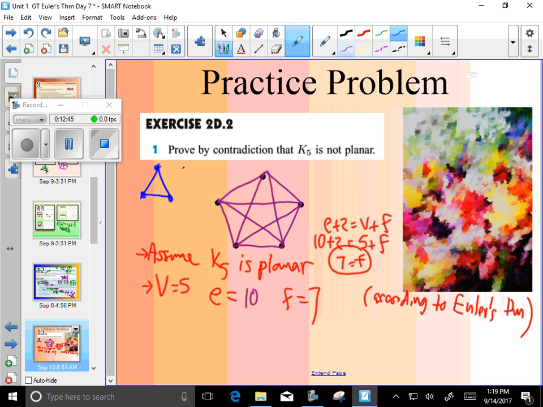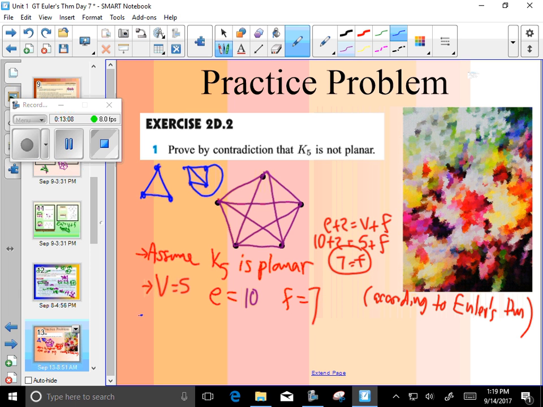If I did 4, how many are there per face? 3. So there are 3 per face here. There's 3 per face here. What do you expect that to be? 4. 3. Probably 3, right?